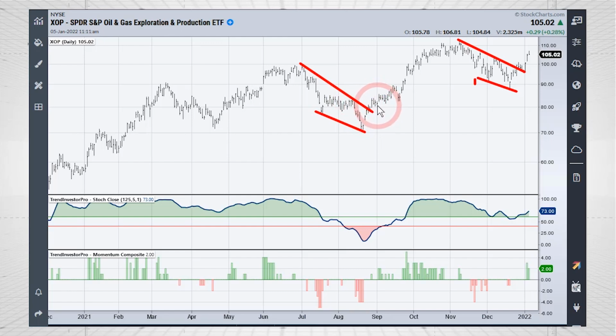So sometimes there can be a few weeks between that initial oversold signal, the pattern development, and the breakout. And that's what happened with XES. But XES has a nice breakout going here, and energy is one of the leading groups here in 2022 over the last 3 days.